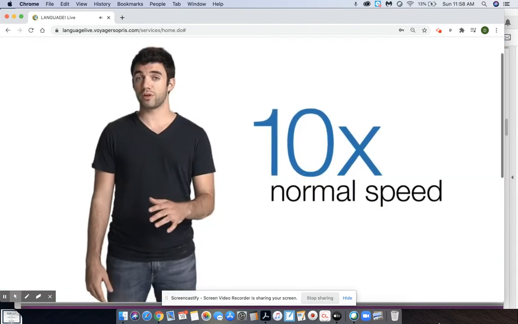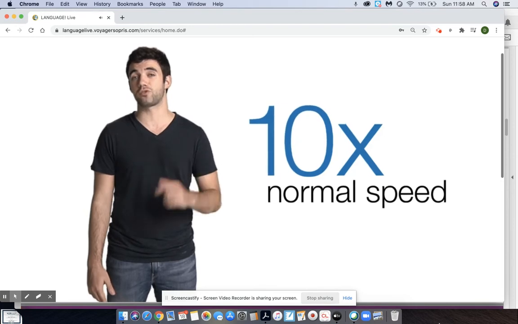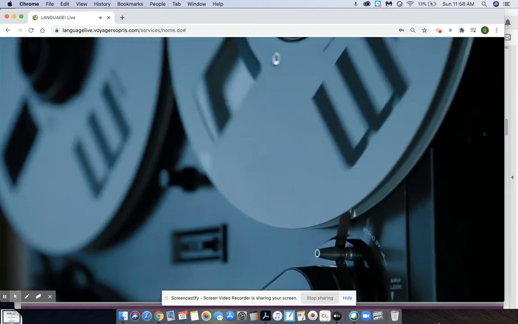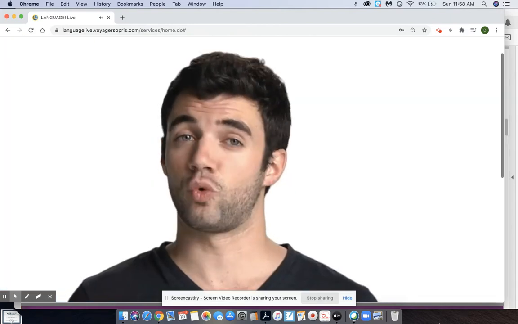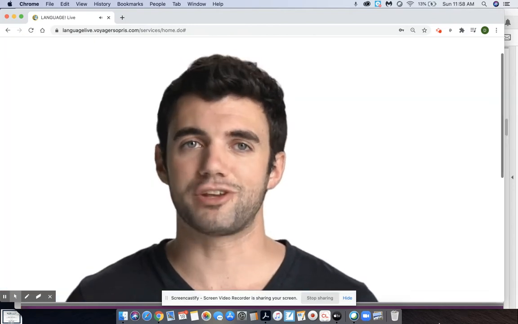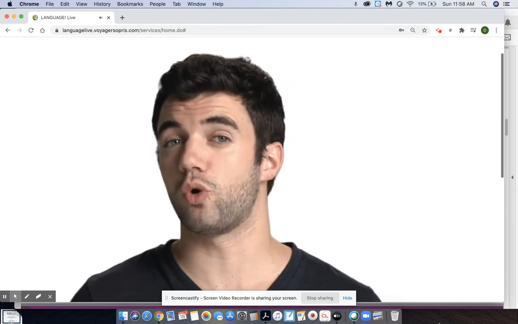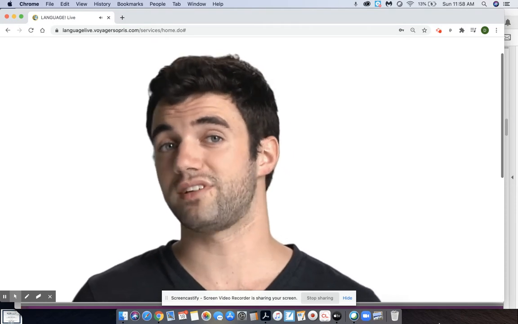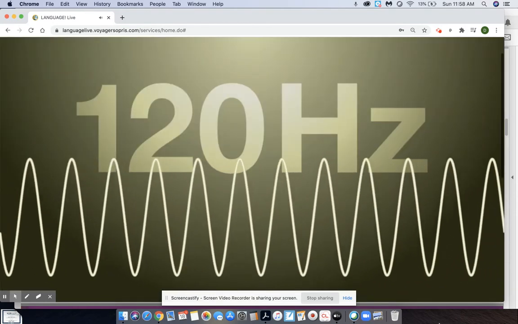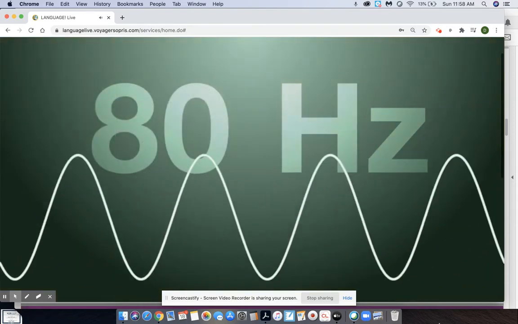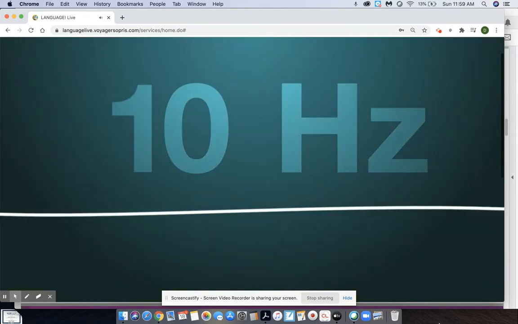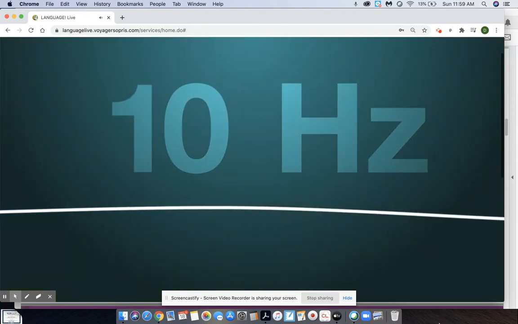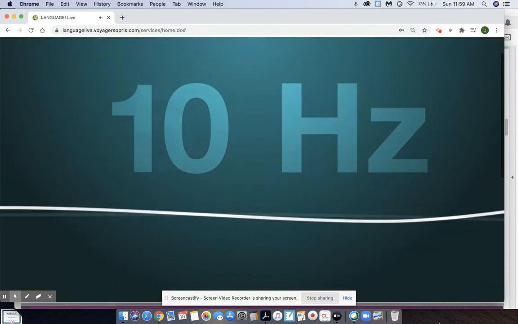This blue whale recording has been sped up 10 times its normal speed. If we were to play it at normal speed, you simply couldn't hear it because the frequencies are so low. We can hear frequencies like this, but as they go lower, we just can't hear them. But most whales can hear this.